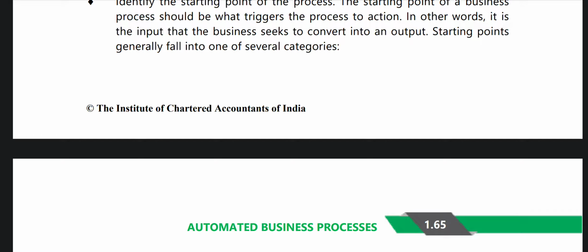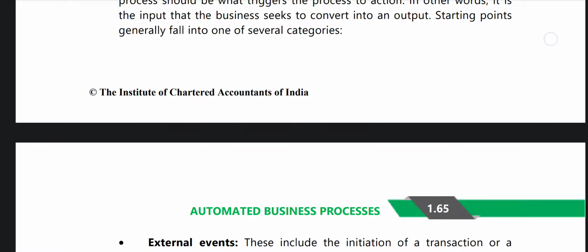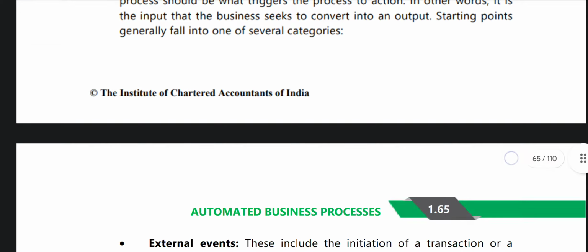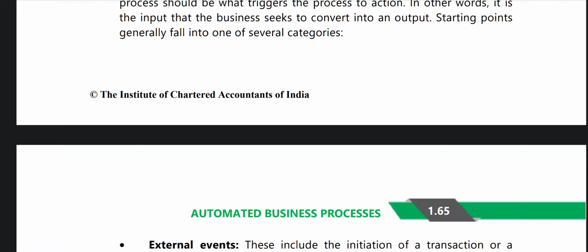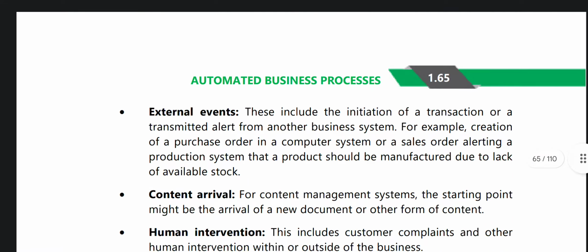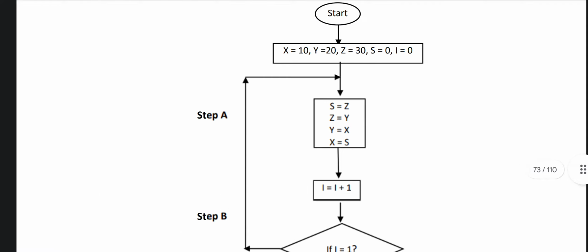Starting points generally fall into one of several categories. So those several categories we are discussing now: external events, content arrival, and human intervention.